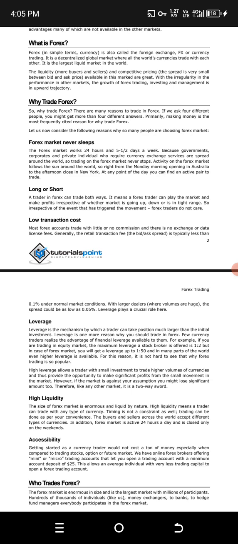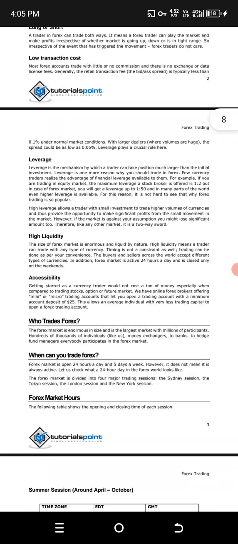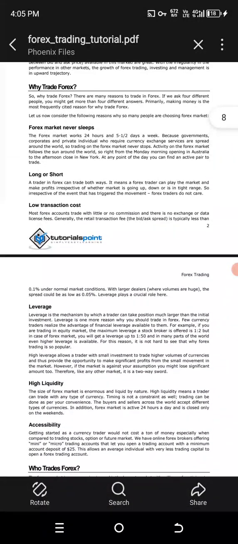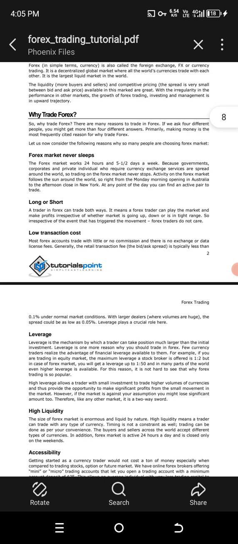Now, why is it that people trade forex? Why is it that we don't just go out and start selling popcorn and selling amala, or selling any commodity that we like? Why is it that we like trading forex? Now it's very, very simple. The reason is because forex never sleeps. It can never sleep.